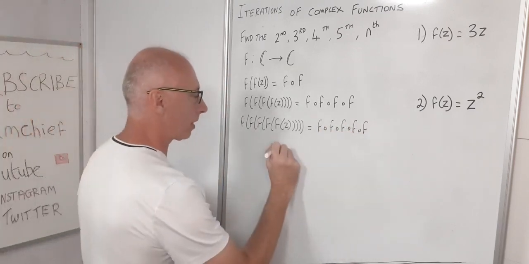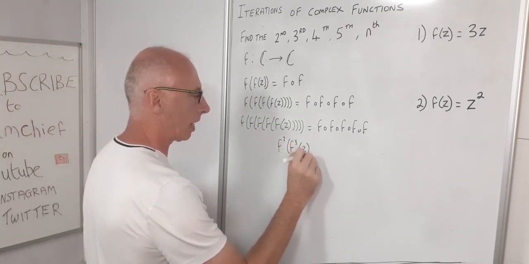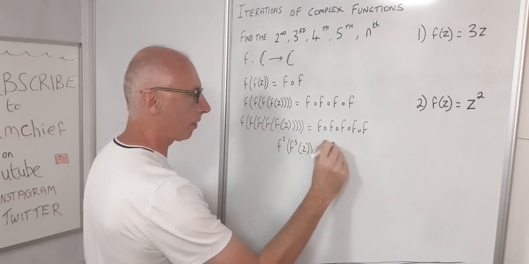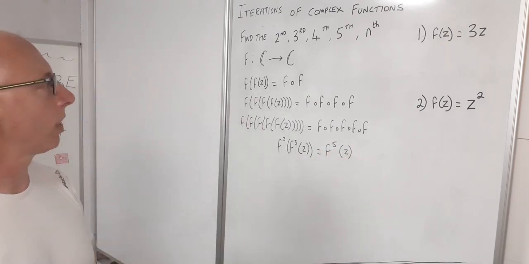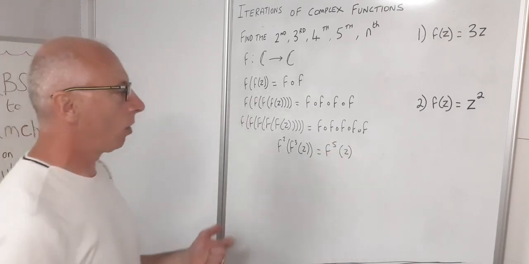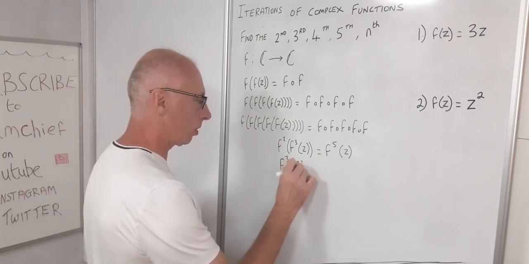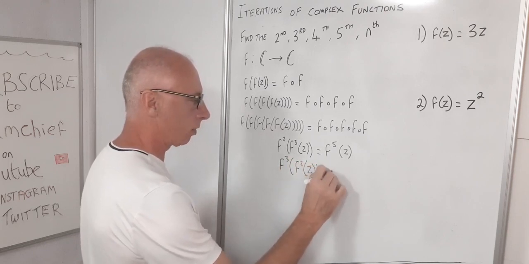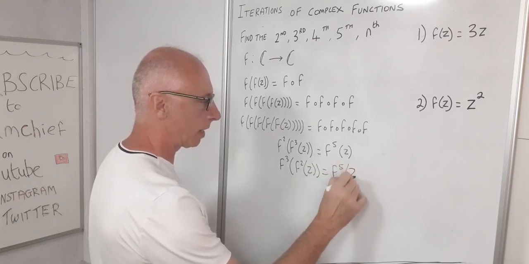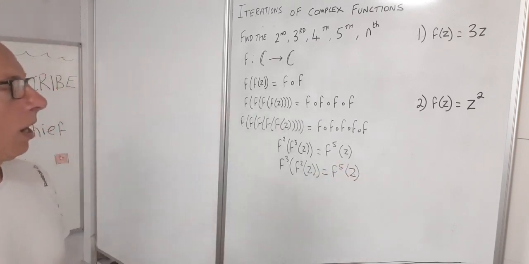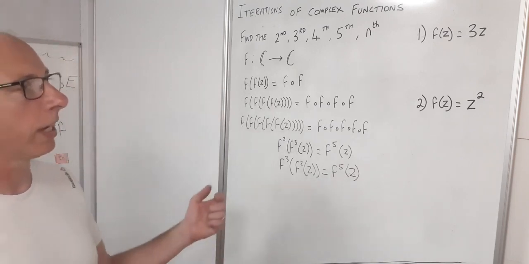We could also say that f2 of f3 of z equals f5 of z. That's our fifth iteration. Or we could write this another way. We could go f3 of f2 of z. That also equals f5 of z. Let's rewrite that z a bit neater. Okay, so that's how we can set out our iterations.